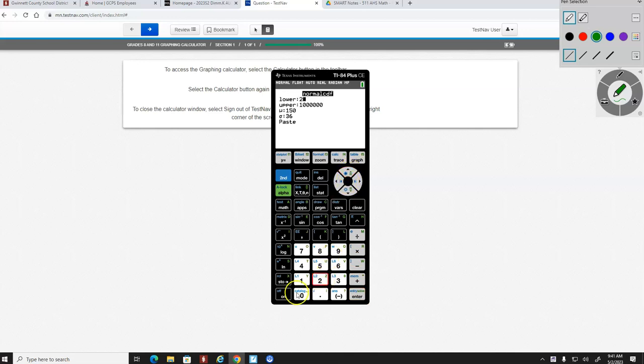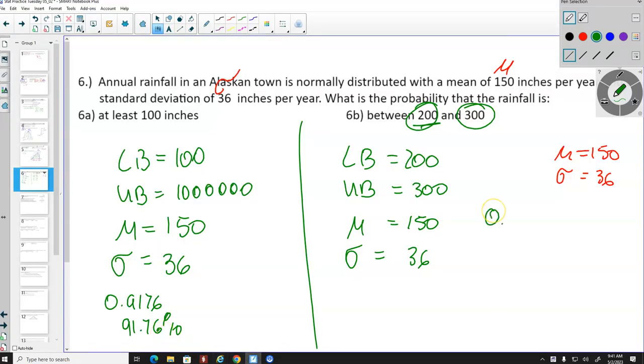Lower bound is 200, upper is 300, mean and standard deviation stay the same. We get 0.0824, which is 8.25%.